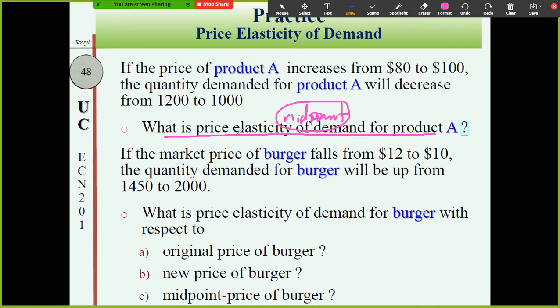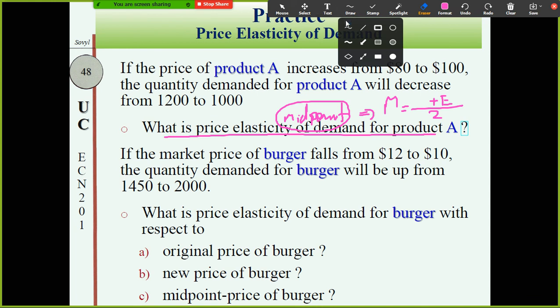Why do we decide to use the midpoint price, not the beginning price, not the ending price? Because in order to get the midpoint price, you need the beginning price plus the ending price divided by 2.